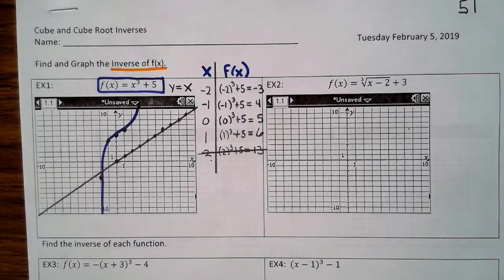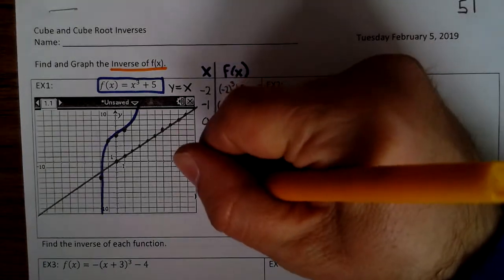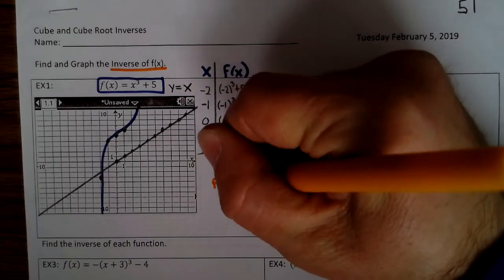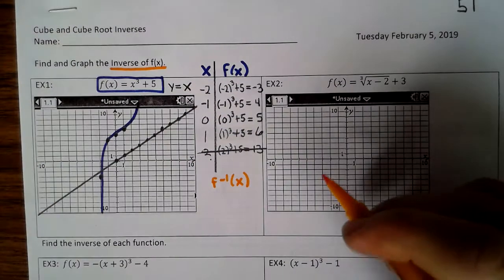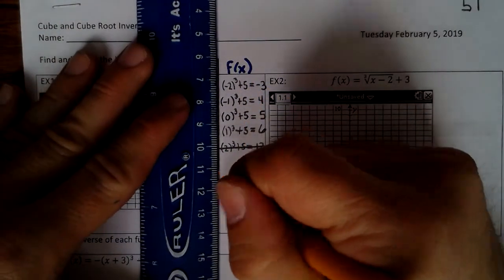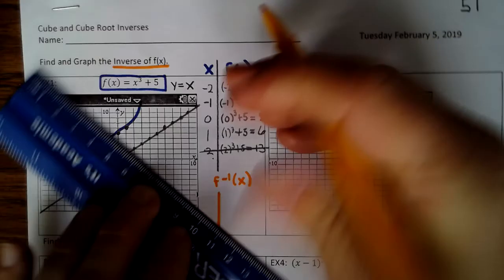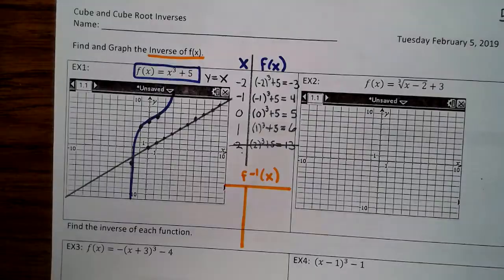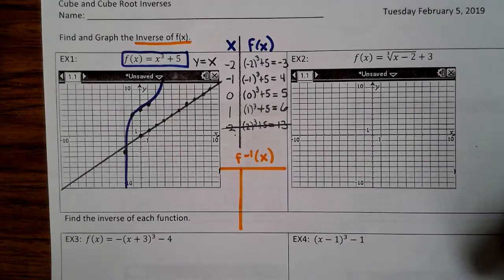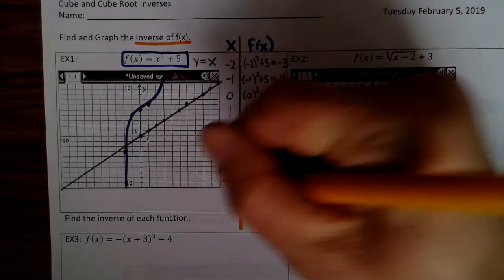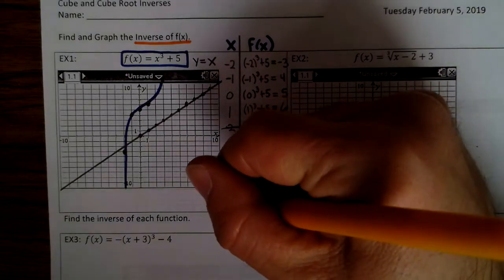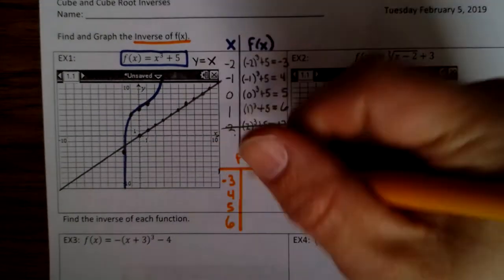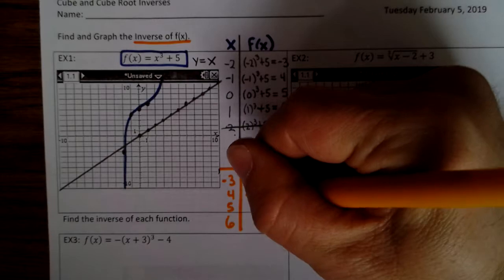Okay, now for the f inverse of x, all we have to do is switch the x and y values. So that's -3, 4, 5, 6, and -2, -1, 0, 1.